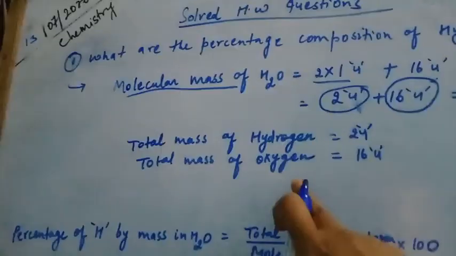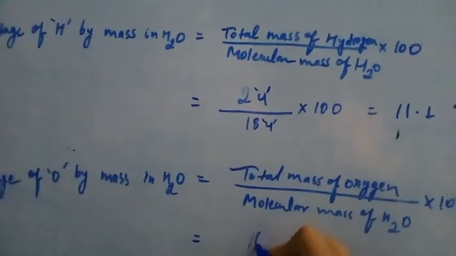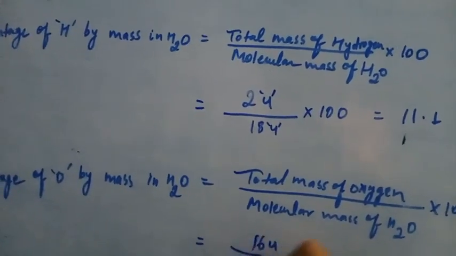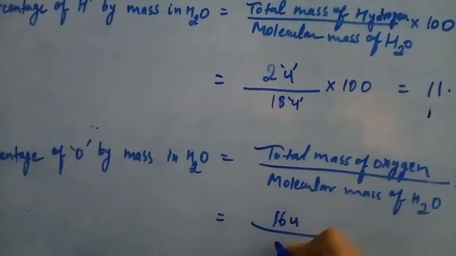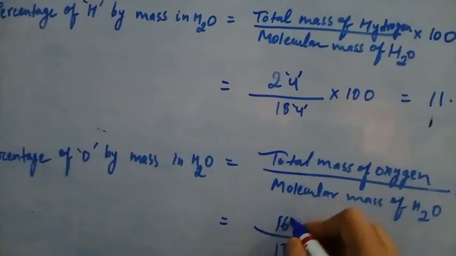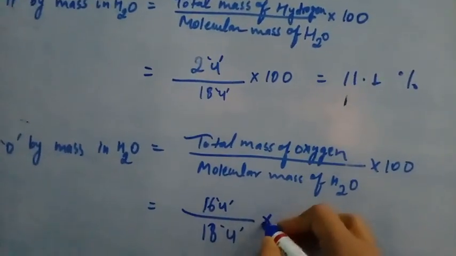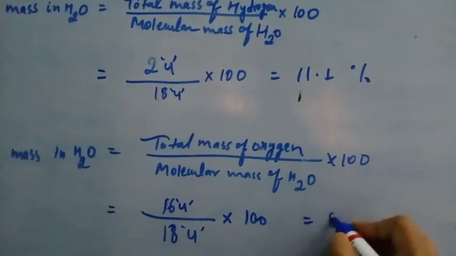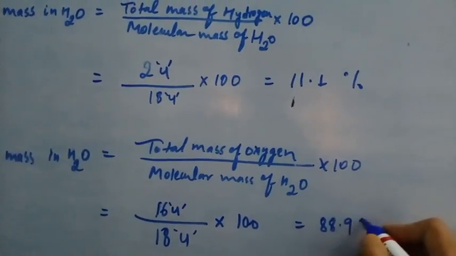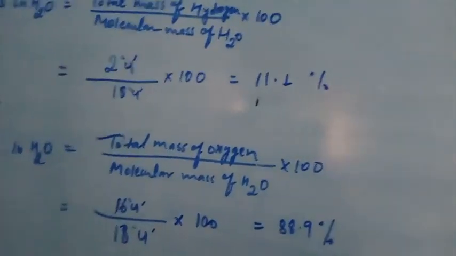The total mass of oxygen we calculated from the molecular mass is 16U, divided by the molecular mass of water, 18U, into 100, and here we will get 88.9%. So the percentage composition of oxygen by mass in water is 88.9%.